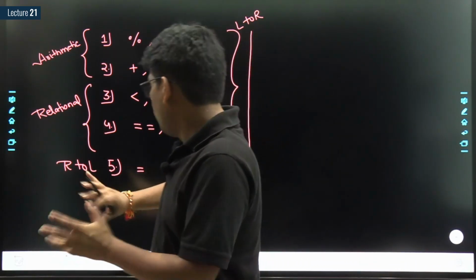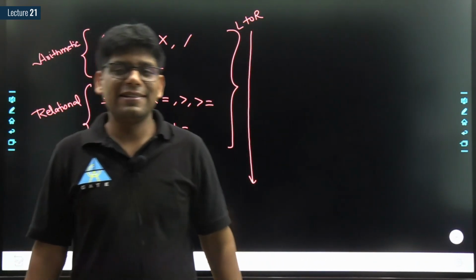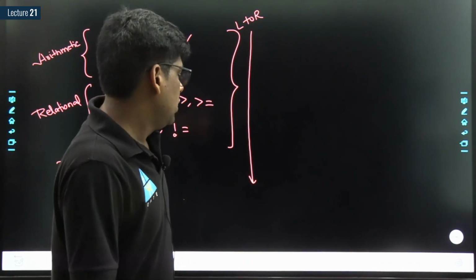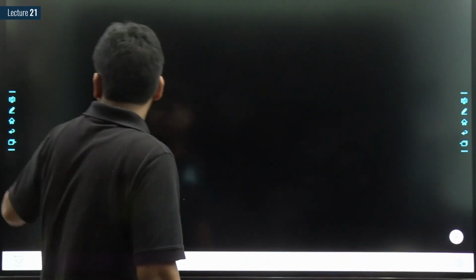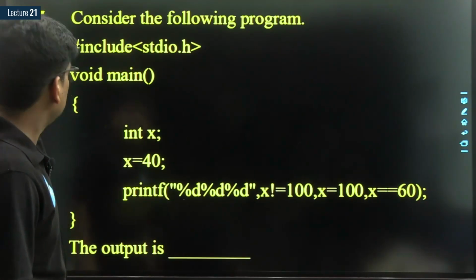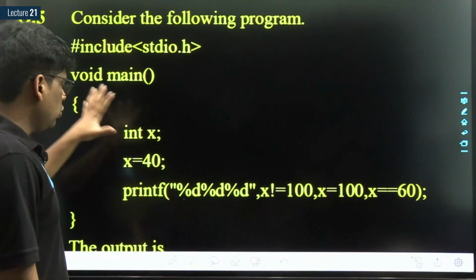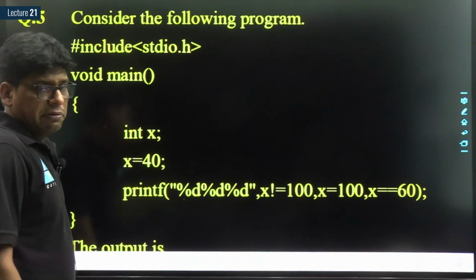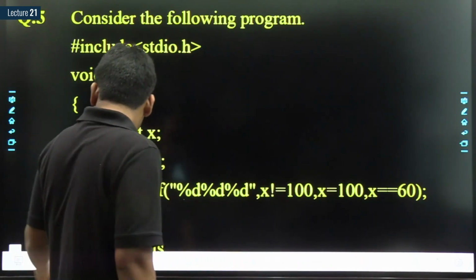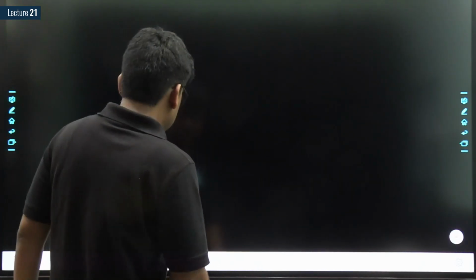I will add more operators in this table when we cover them. So, sir, let's try to solve the 5th question again. Sir, in order to solve the 5th question, we need to understand something. Sir, what is the thing we need to understand?